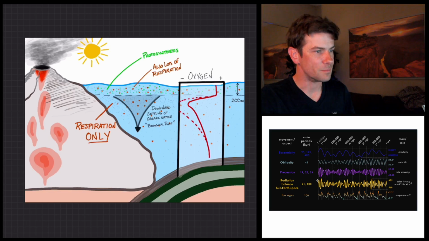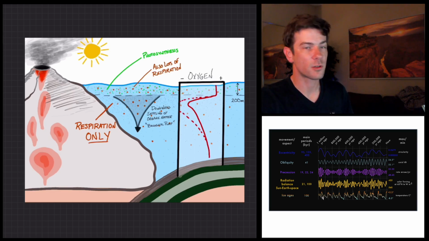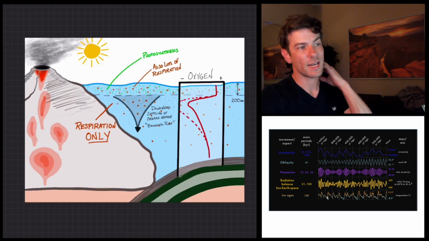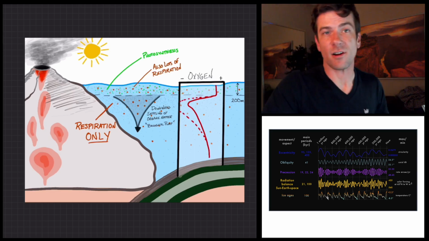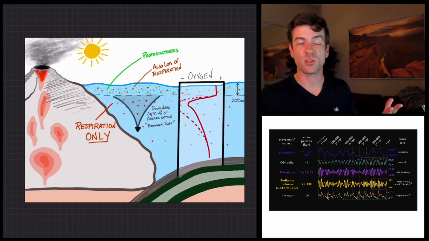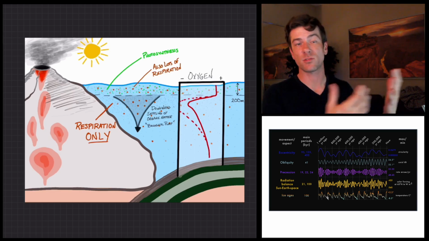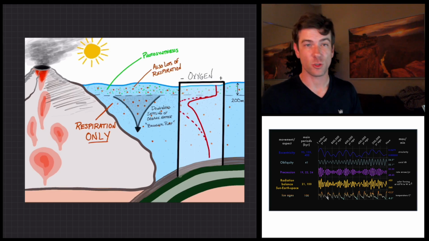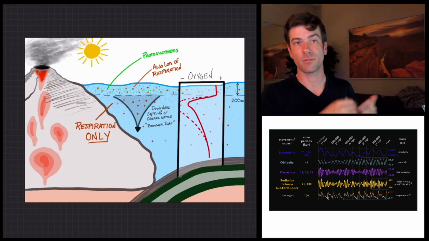And that goes up and down, gets higher and lower, and it gets higher during times when we have hotter temperatures, and it's lower during times when we have colder temperatures. And that indicates that it's orbital parameters, right? It's the amount of solar radiation we're getting from the sun that's driving global temperature. And that in turn is driving CO2 levels up and down.